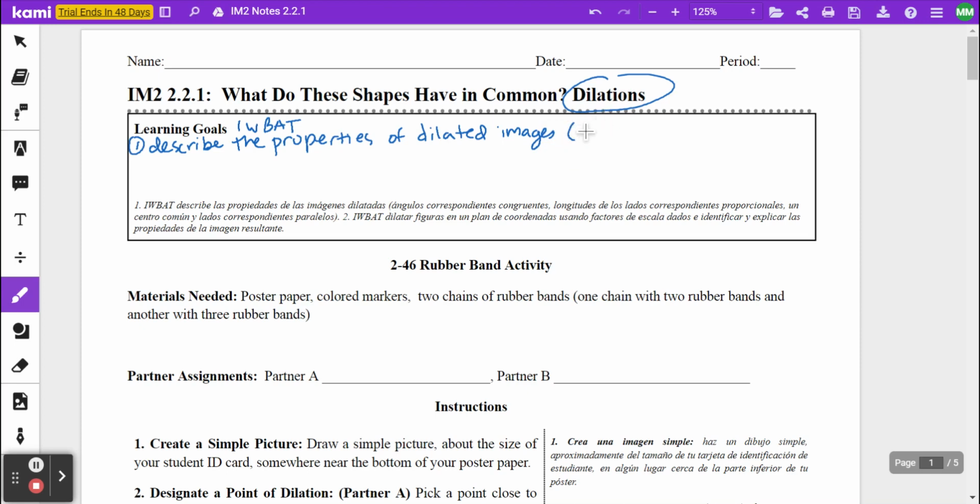Those being congruent corresponding angles. Proportional side lengths for the corresponding sides.